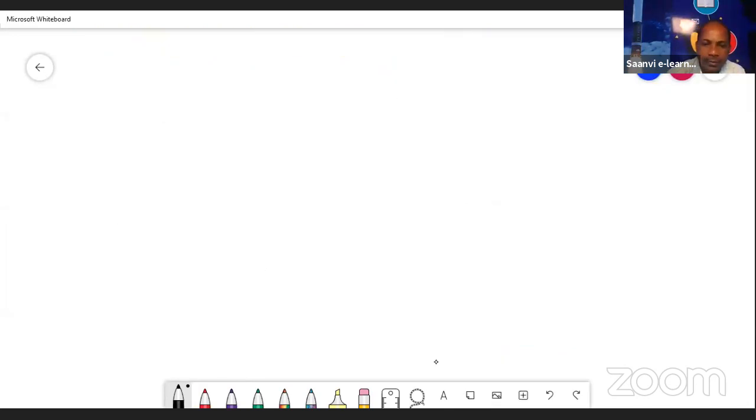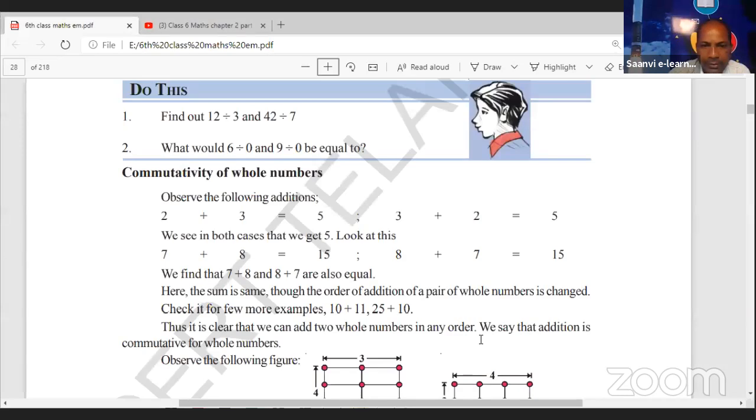And next we have the identities. Let us see what the two identities are. Observe the textbook about the identities.